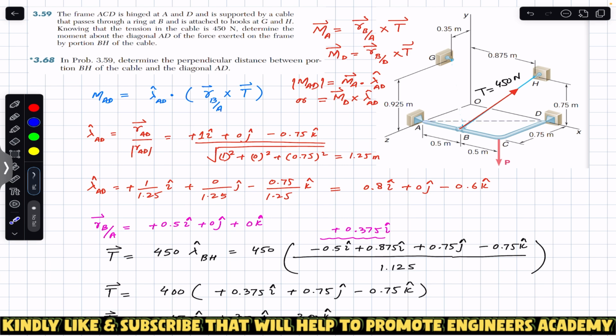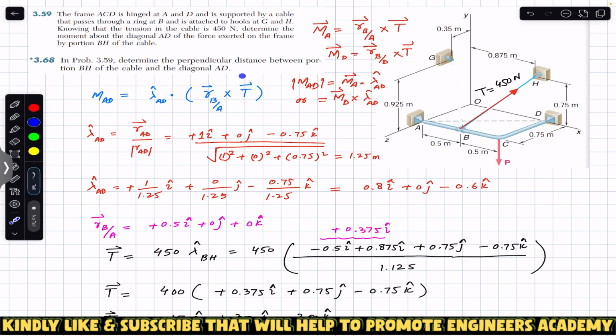And the second method is using the scalar triple product. This is the same method, but it is using the determinant of a 3 cross 3 matrix. This is the easiest method, and it makes our life easier, as we can just find the determinant and it will give us the solution.